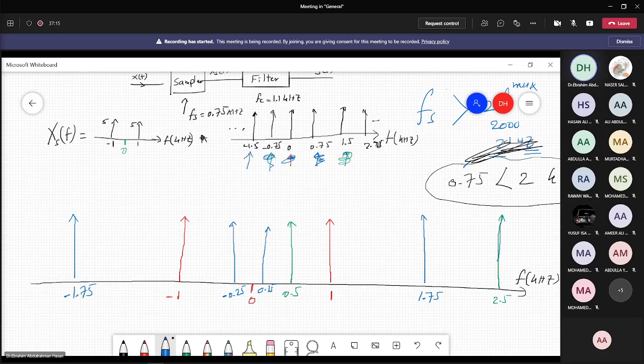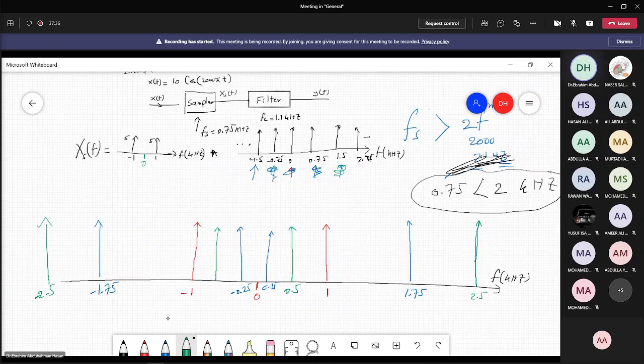Similarly, with minus 1.5 plus 1, it is equal to minus 0.5, which is here, and the other one will be equal to minus 2.5.